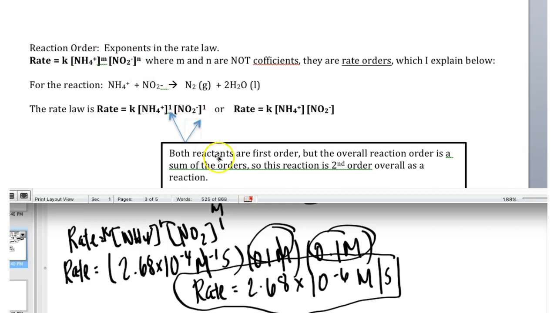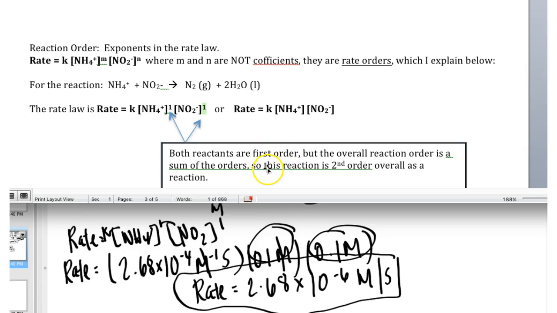They might ask you for something called the reaction order or the overall rate order. So when they ask for the rate order of just this, for example, NH4, you're going to say it's first order because it shows a directly proportional relationship. Or for NO2, you're going to say it follows the first order relationship.